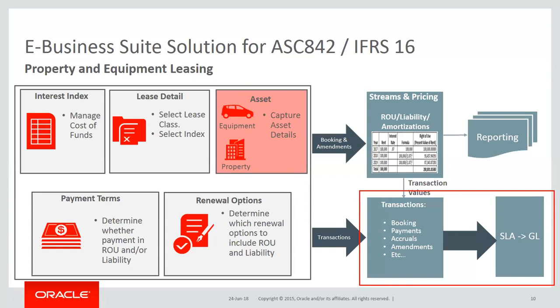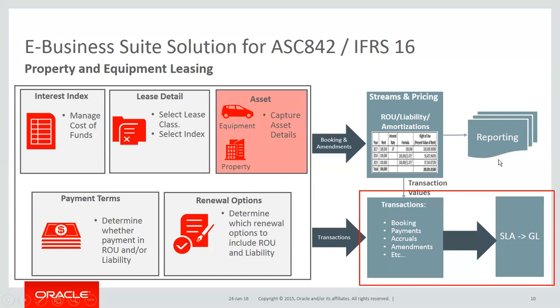So you will have to provide a transition date, and from there on, the system will start generating accounting for you for these balances and streams: right of use, liability, amortization expense, interest expense, etc. All these are going to be accounted for you based on the configuration that you set in the subledger accounting module. So the box in red is what has been enabled as part of phase 2.